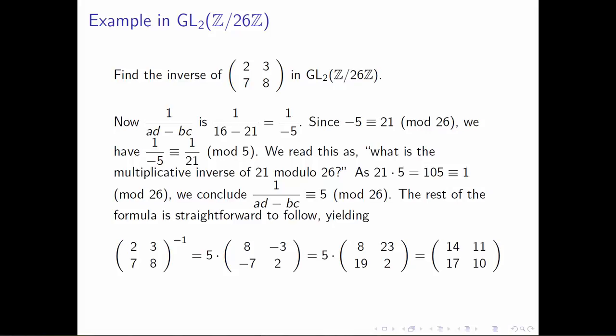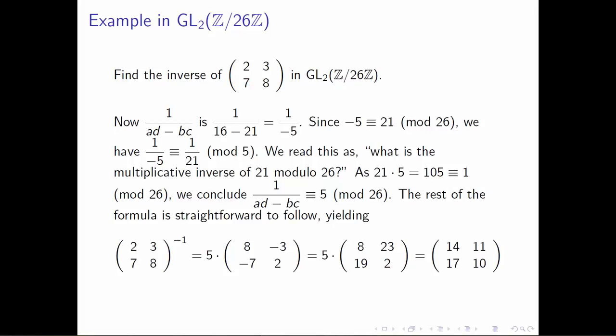If you take 21 times 5, you get 105. 26 is 1 more than 25, so 25 times 4 is going to be 100, a nice easy multiple, so 26 times 4 is going to be 104. So 105, which is 21 times 5, is just 1 more than that multiple of 26.